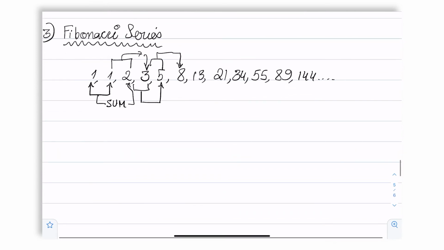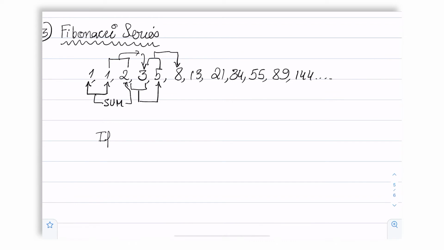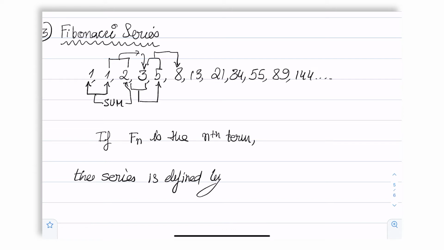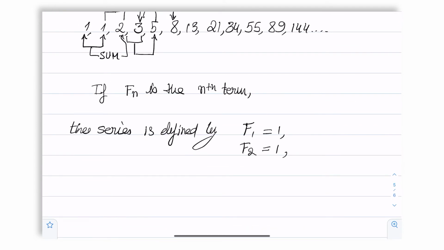In more compact and general terms, I can say that if Fn is the nth term, the series is defined by F1 is equal to 1, F2 is equal to 1, and Fn plus 1 is equal to Fn plus Fn minus 1.